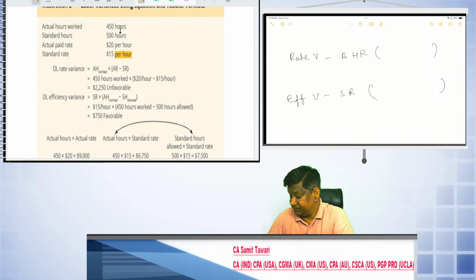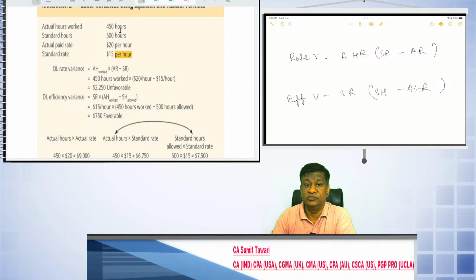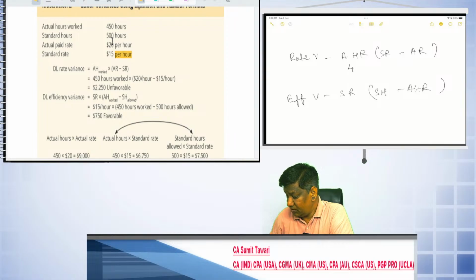So standard rate minus actual rate, and here standard quantity minus actual quantity. Okay, so we are taking the numbers again. Actual quantity is 450 and the standard quantity is 500. And the rate is basically 15 and 20.